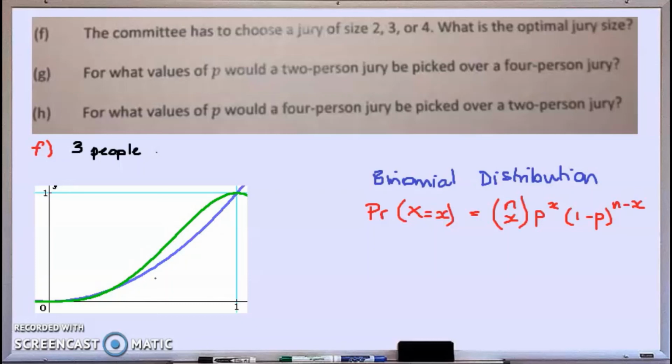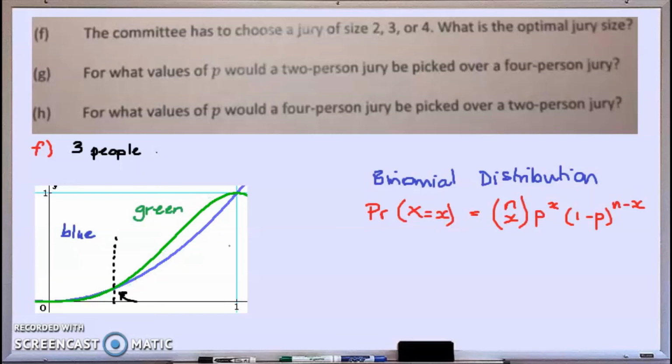So I've sketched both of these here for you, and what we want to do is find the point of intersection. Because in this lower part of the graph, it might not be easy to see, but the blue line is higher than the green line. Then there's a point where they're equal, and then there's a point after which the green line is higher than the blue line.